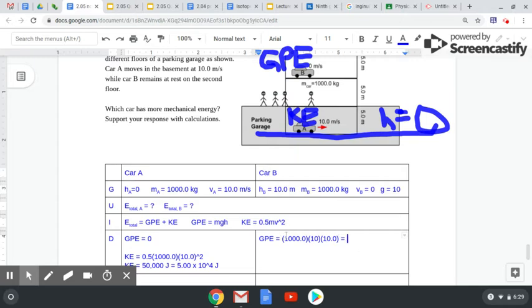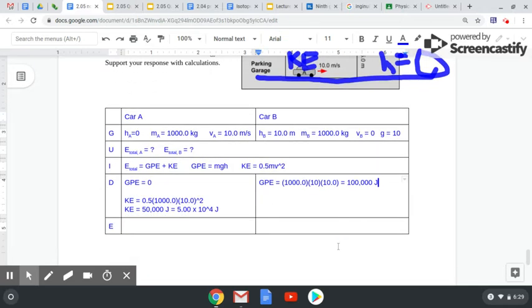So that's equal to 1,000, and then you add another 0 and another 0. One more 0, one more 0. I'm going to go back and add the commas. I'm going to make you guys do that because I hate to try and read without the commas. So without sig figs, it's easier to compare. This is 100,000 joules. That's only 50,000 joules.